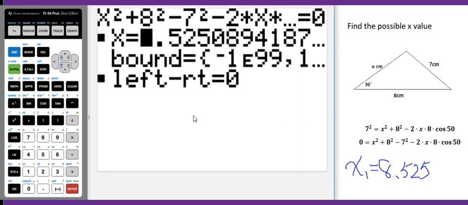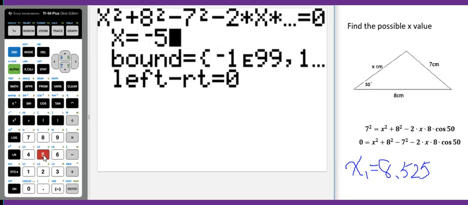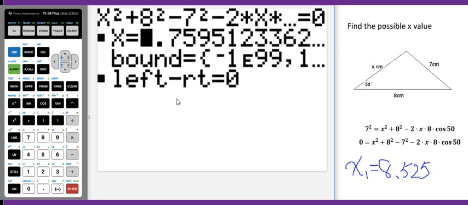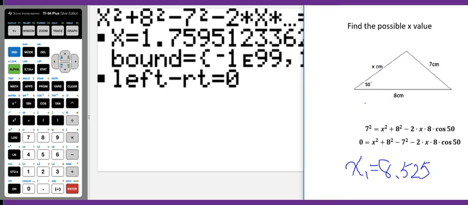I need to figure out the x2. In the very beginning, I put in 5. Now I will put -5. Alpha, enter. They give me x2 equals 1.5760.